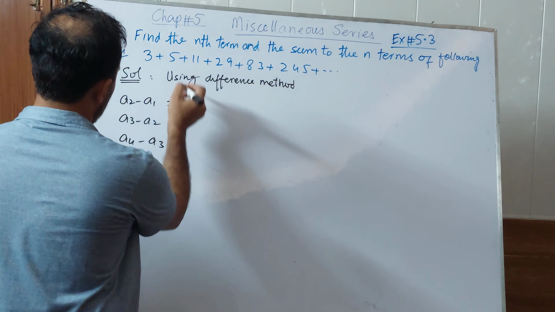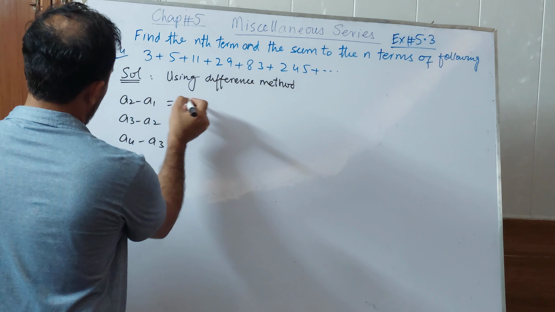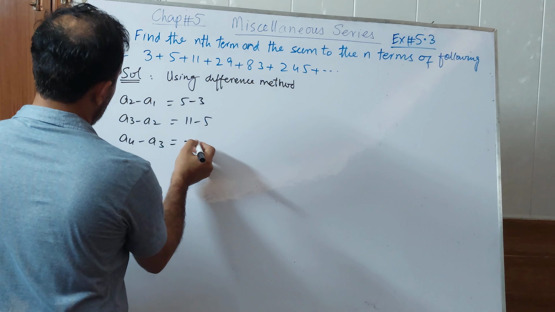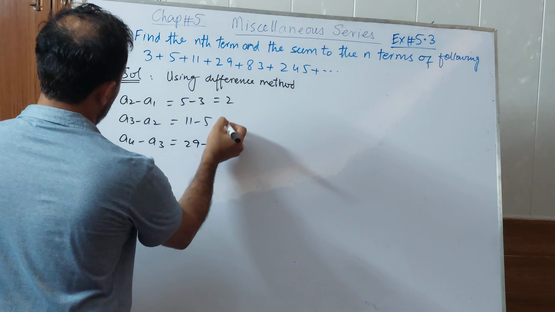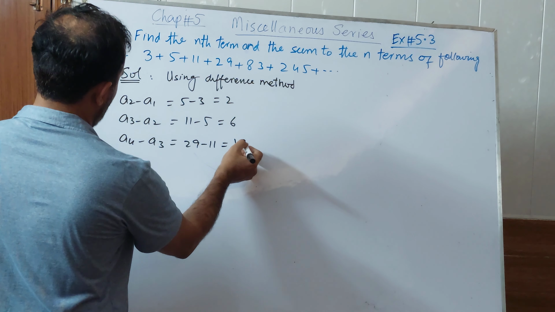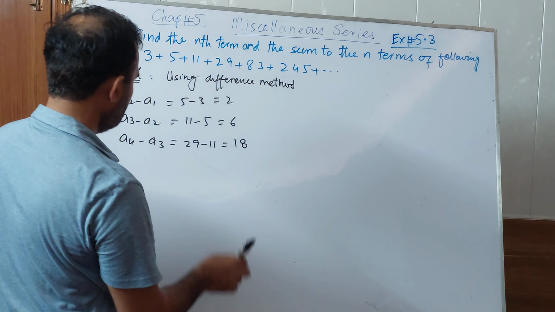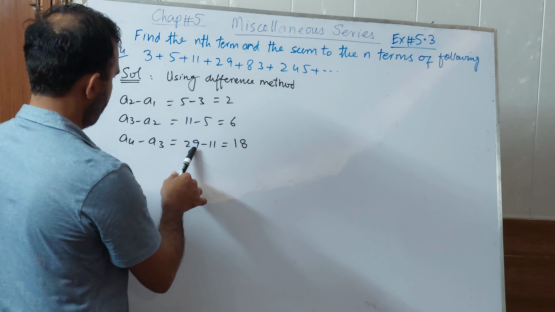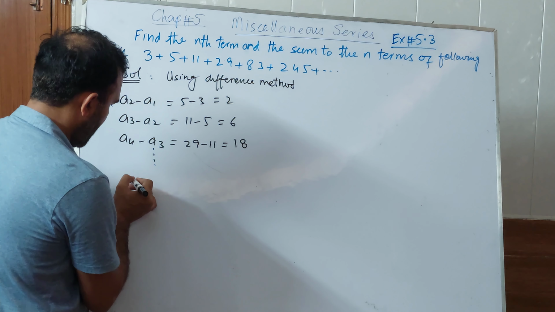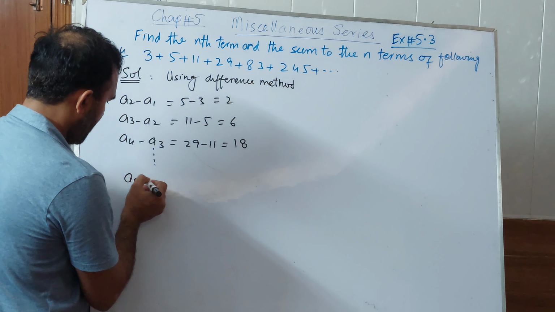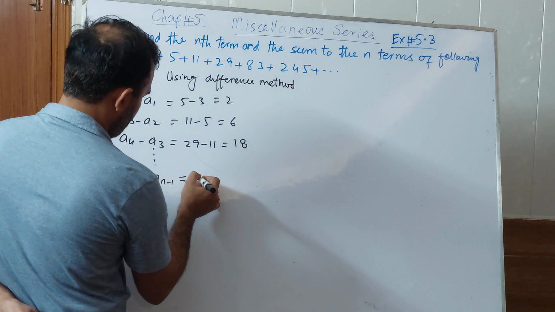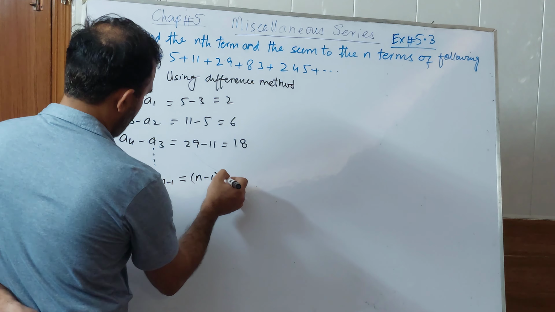So if you write a2 and a1, 5 minus 3, 11 minus 5, and 29 minus 11, which is equal to 2, 6 and 18, and so on, right? So the nth term will be an minus a(n-1), so that will be the n minus 1 term.